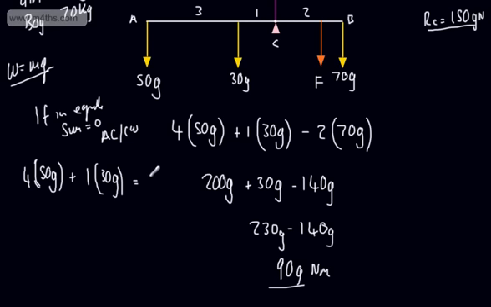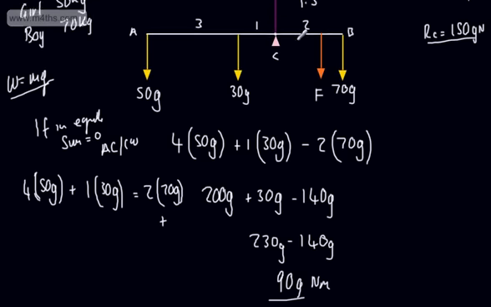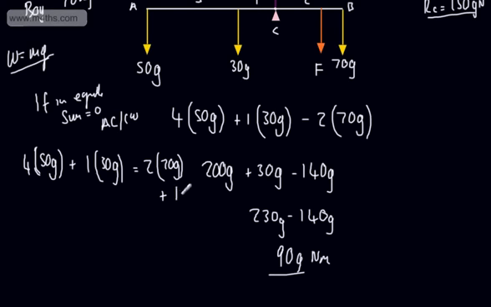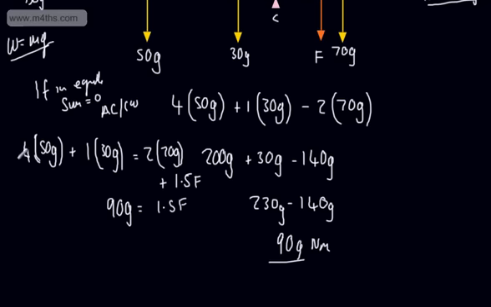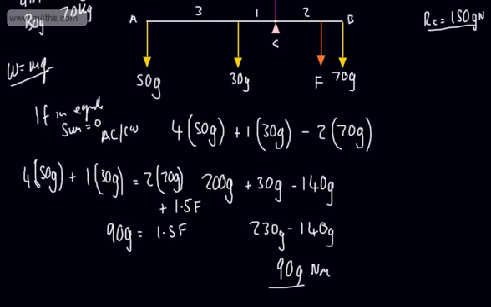So what we could say then is that this is going to be 2 lots of 70g plus 1.5F, where I define that distance from the pivot to F as 1.5. Okay, so let's go ahead and work with this. Essentially what we've got at this stage is that 90g must be equal to 1.5F, and then we would simply solve for that to work out the magnitude of the force needed to ensure that this was in equilibrium.